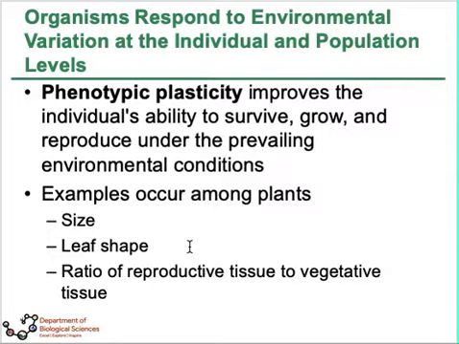Ibig sabihin, the structure of this particular part of the plant tends to adjust to the existing environmental condition. For example, if you have species adapted to both shaded and exposed environments, most of these species under shaded conditions tend to expand or have broader leaves as compared to the same species na nandoon sa exposed area.